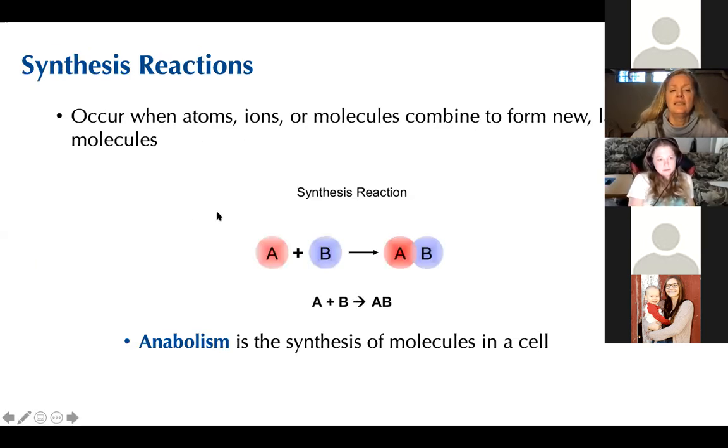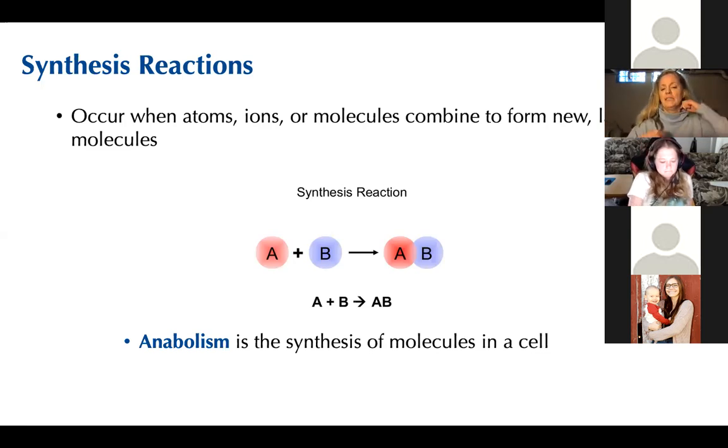So synthesis reactions, where we take 2 molecules and combine them with a bond to form a new, larger molecule, will typically be endergonic. And we also call it anabolic. Anabolic, we're building. Think anabolic steroids.